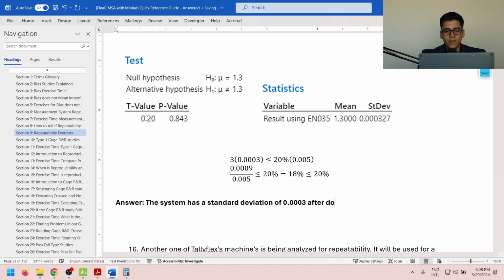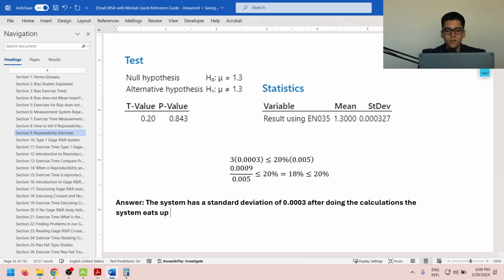After doing the calculations, the system eats up around 18% of the overall tolerance. The system can be measured with this tolerance; this tolerance can be measured with this system.